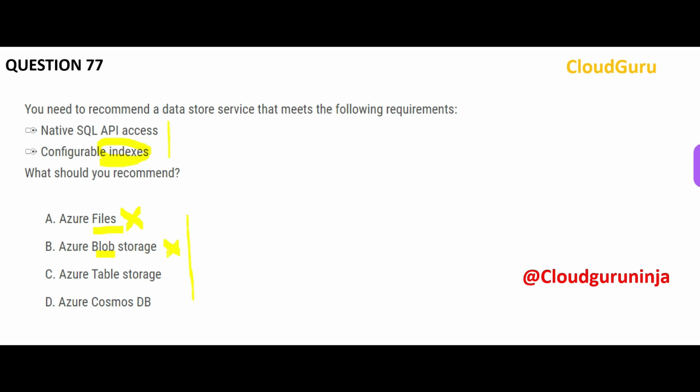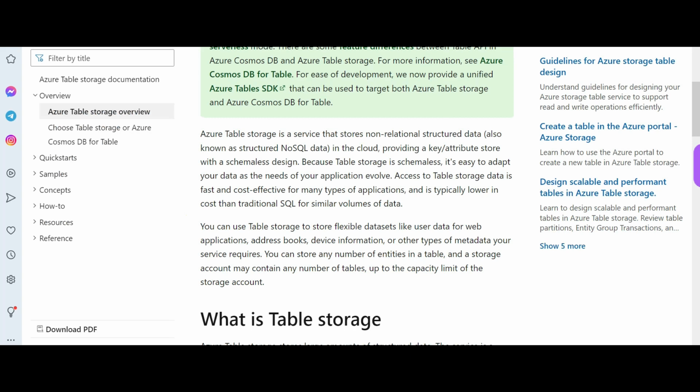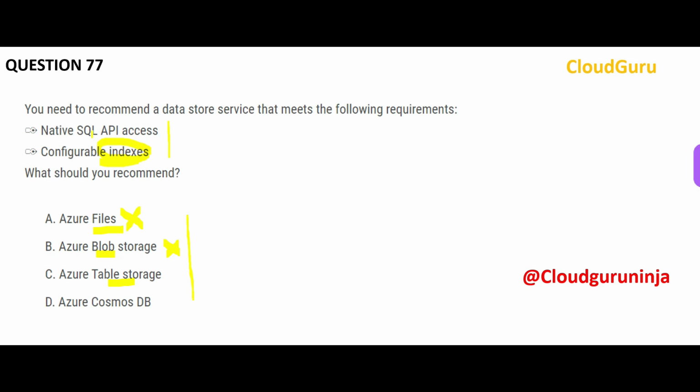You also cannot fire native SQL access. Now with table storage, what is table storage? It is a non-relational structured database and it is a NoSQL database. This is very important. NoSQL means you may not be able to fire native SQL APIs and so on. So this won't work.